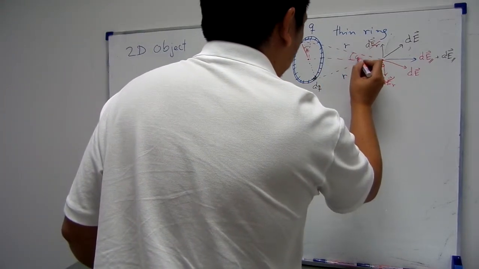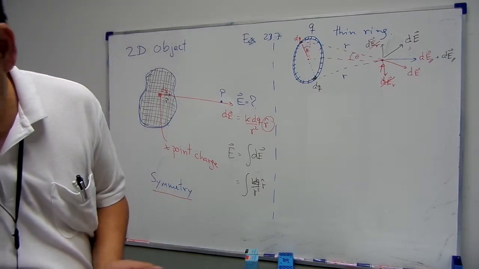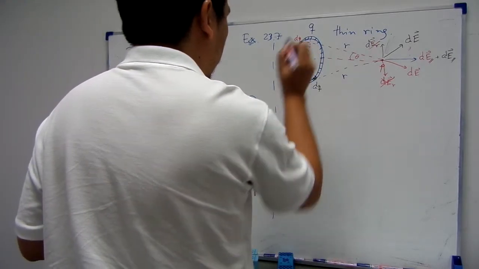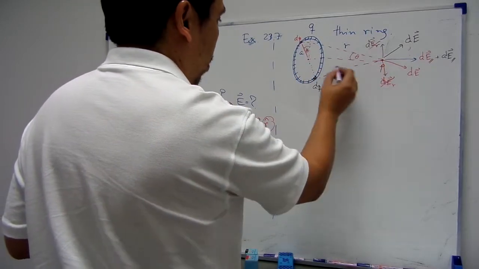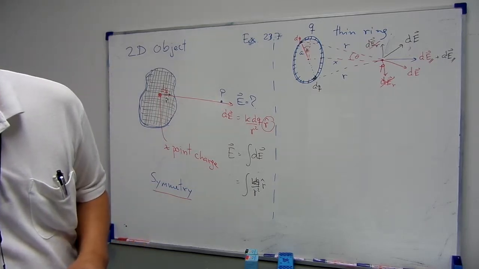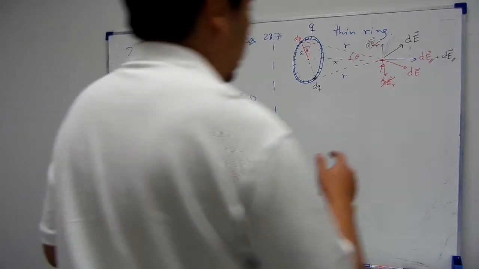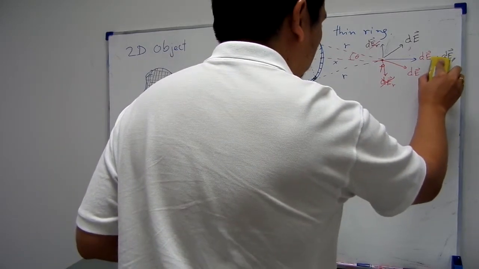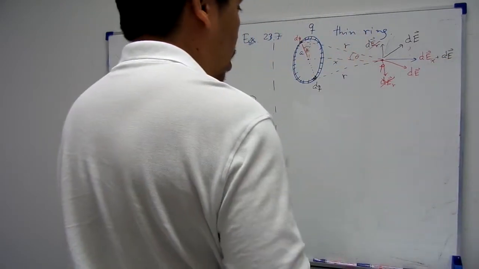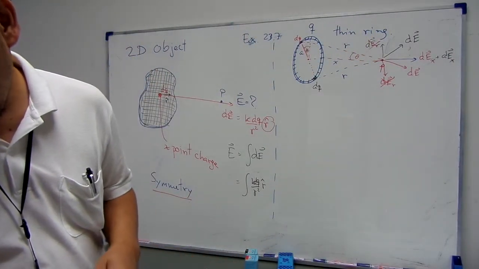So if we have the angle theta here, and the radius of the ring is a, and the distance from the center of the ring to the point P is x, we will have that the dE parallel, or dE_x, in the book they use dE_x, so I will use the same symbol.